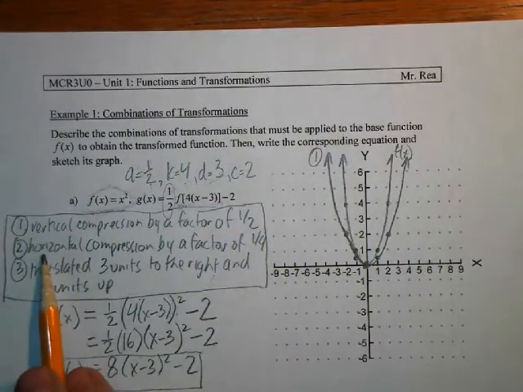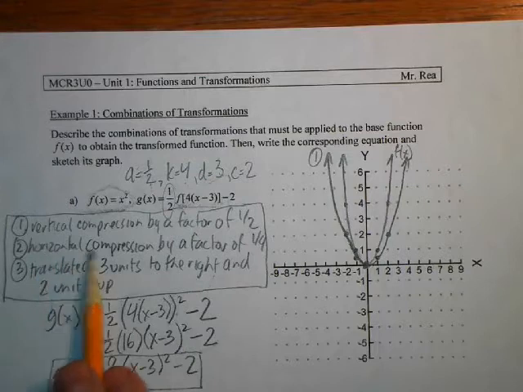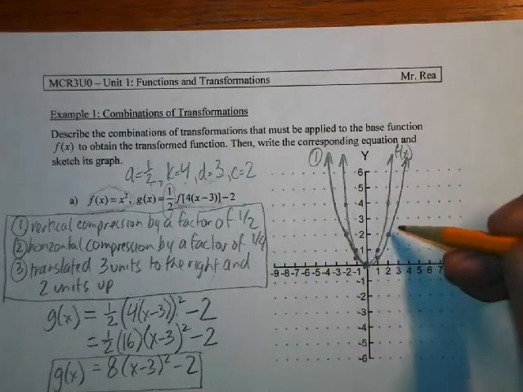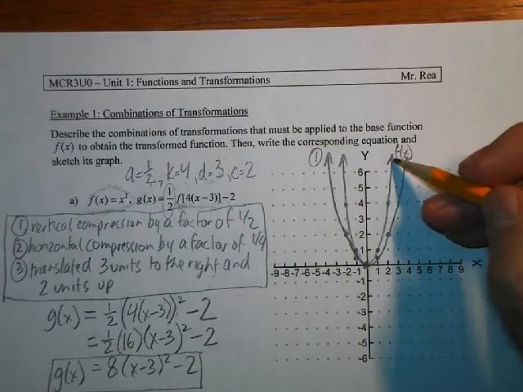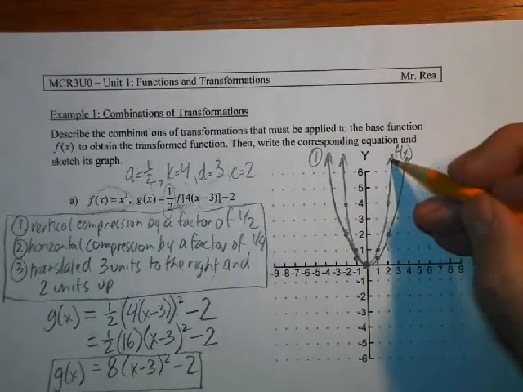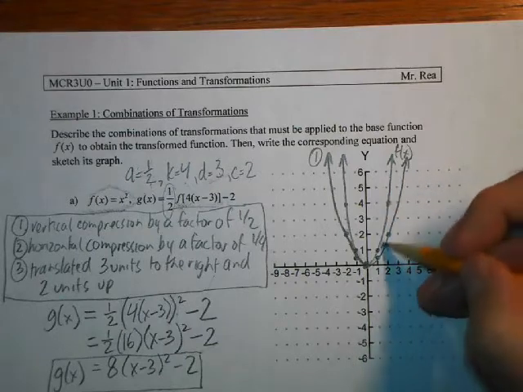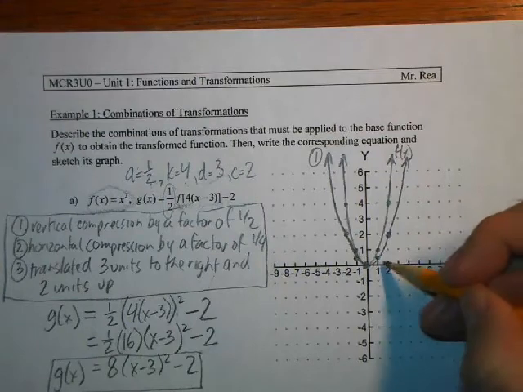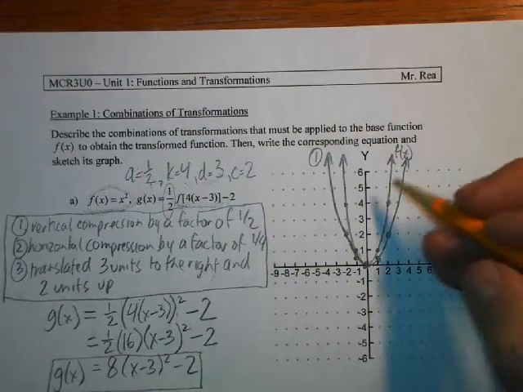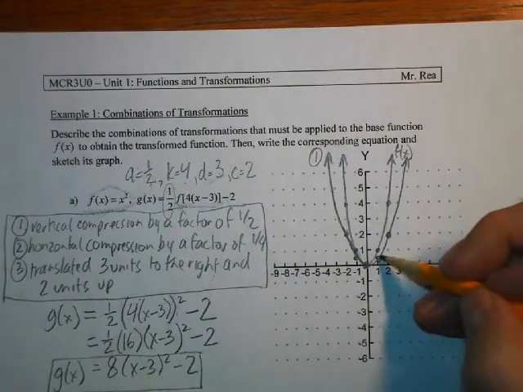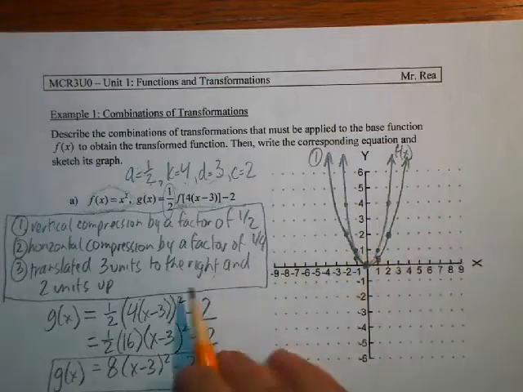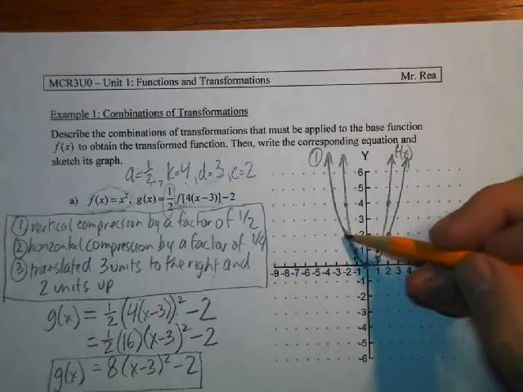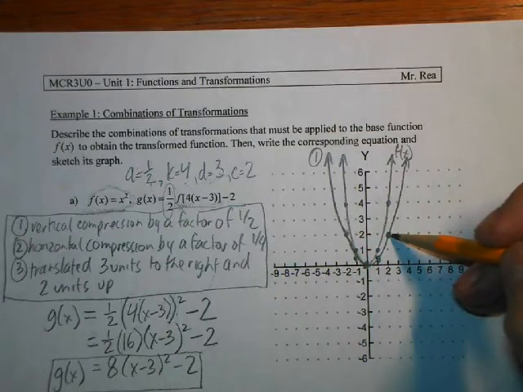Now I'm going to apply this transformation, which is a horizontal compression by a factor of 1/4. So what happens here is now I'm working with these outside points here that I've compressed vertically. And now what I'm doing with those is I'm horizontally compressing it by a factor of 1/4. So that means I'm taking the x values and multiplying them by 1/4.